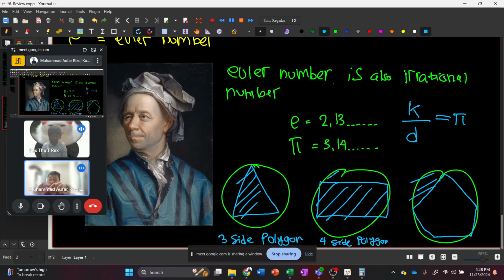So they tried various types of circles. They tried a circle with a circumference of maybe 100, then measured the diameter with a ruler, and divided the circumference by the diameter. For all cases, they found that the ratio between them will always be pi.